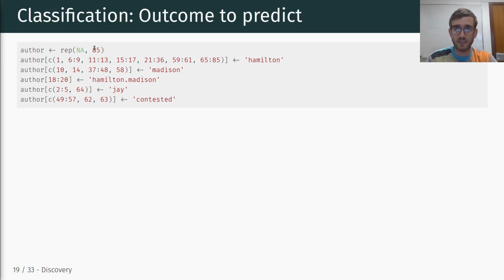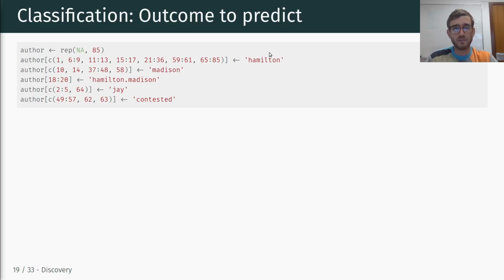So for 85 essays in the Federalist Papers, based on their numbering, we identify the authorship by Hamilton, Madison, as well as joint authorship by Hamilton and Madison, as well as John Jay, for those where the authorship is identified, and then we have 11 additional essays where it is contested.